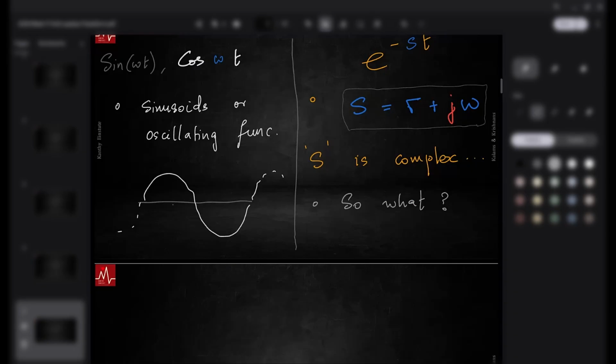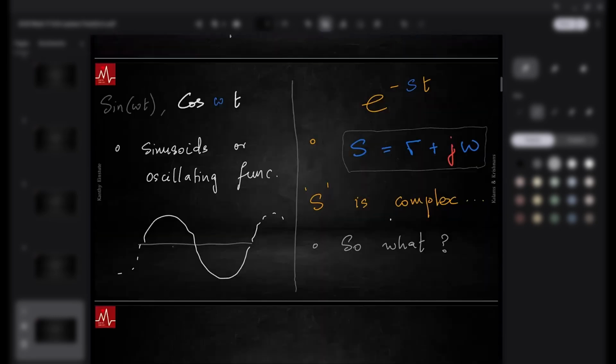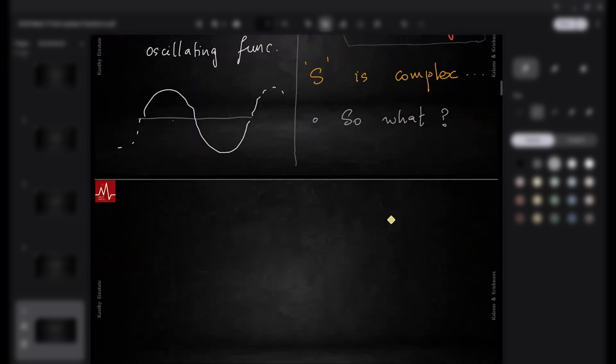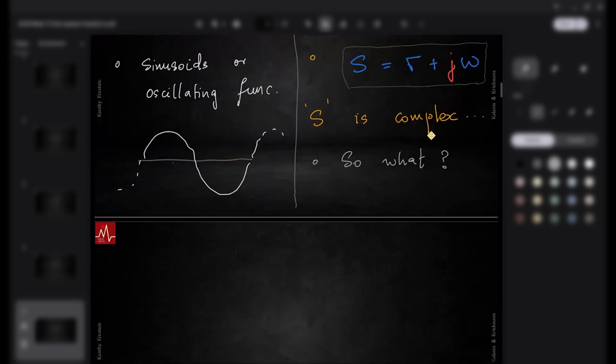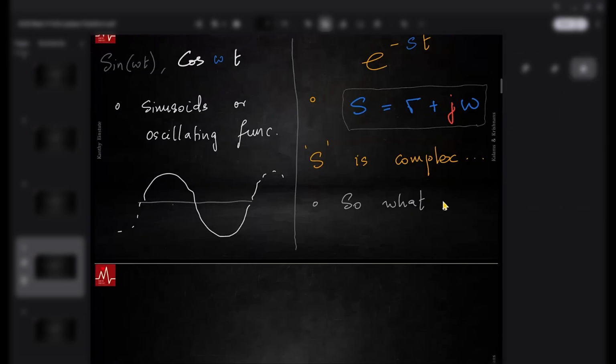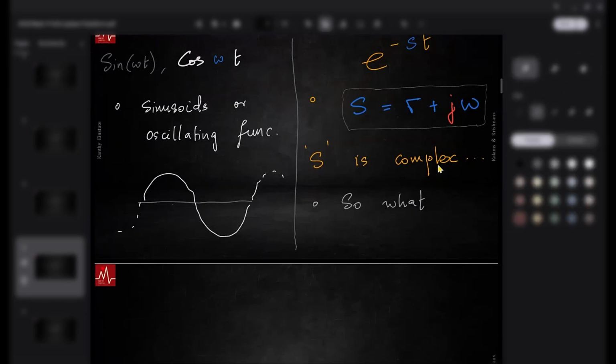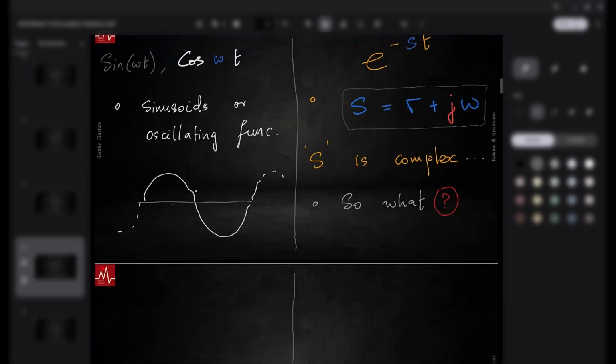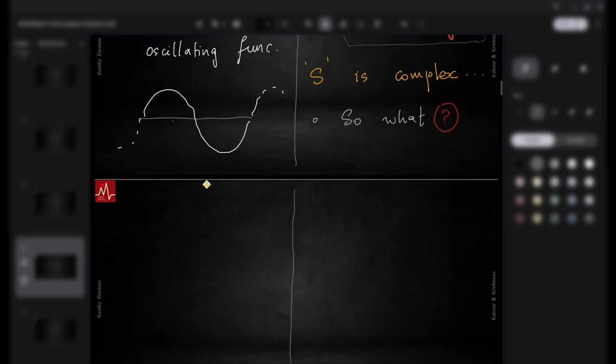I mean, so what? Notice you can do a lot more with Laplace transforms. You can do sinusoids. You can also do things that are not sinusoids.